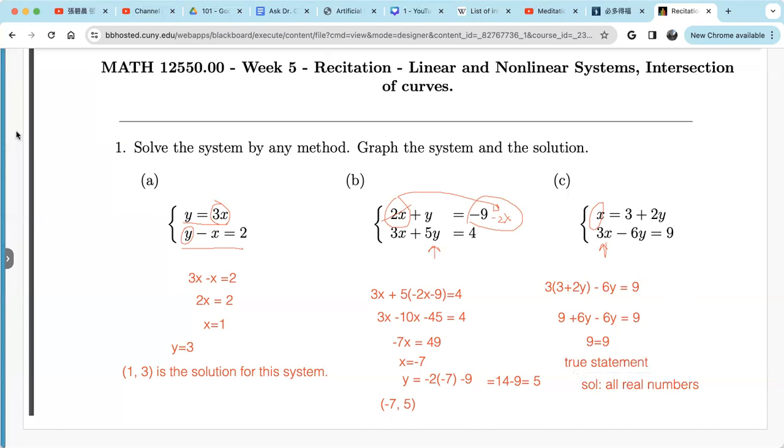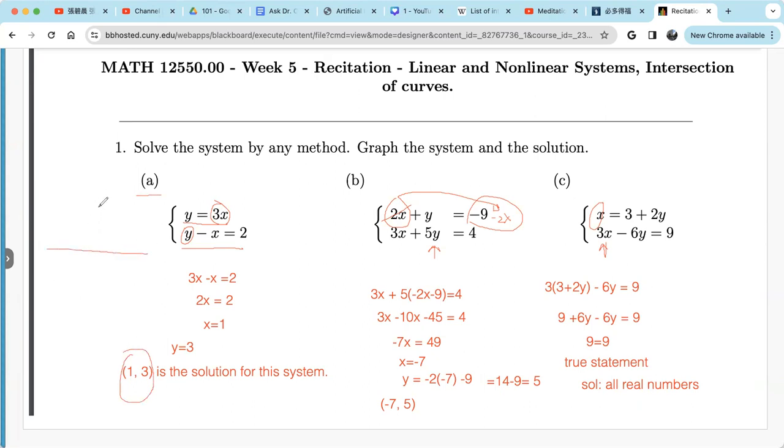So when we graph, each one is a line, right? Let's just graph A. You graph B and C, okay? It's the same. Each one is linear. Linear means it's a straight line. So I have this line, I have this line. If the two lines have a solution, that means they intersect. So for this one, they intersect at (1, 3). So how do we graph?